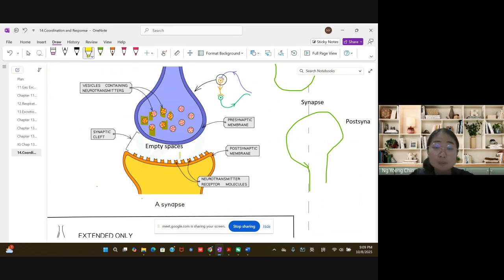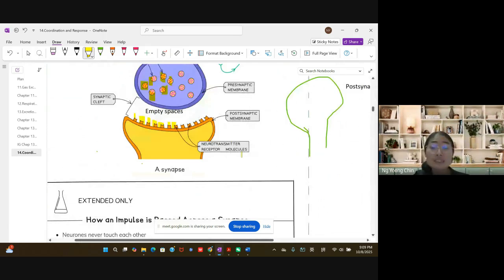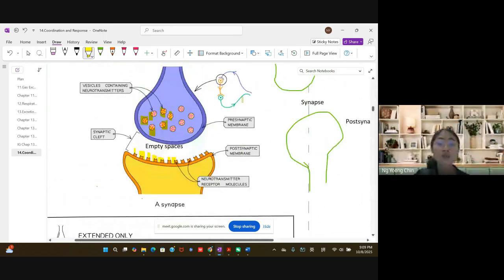Slowly, the neurotransmitter will bind to the receptor proteins at the post-synaptic membrane. So that's why they will trigger a response in the post-synaptic neuron due to the neurotransmitter.